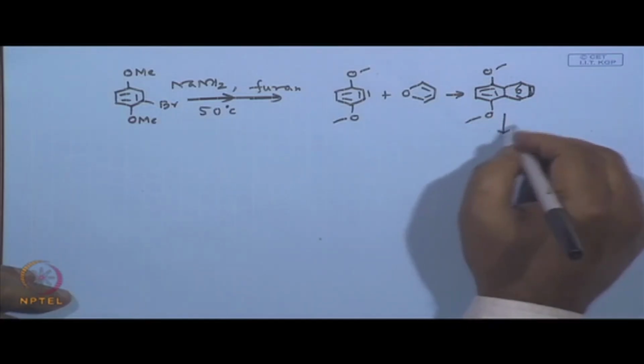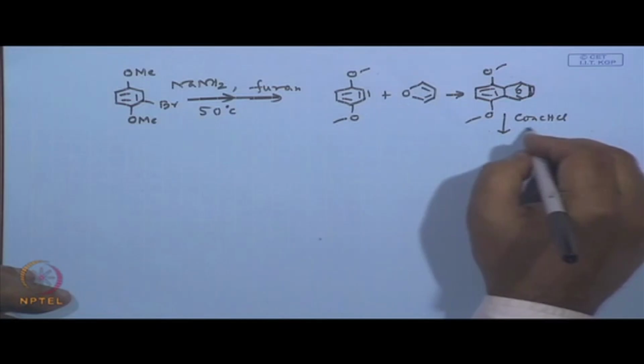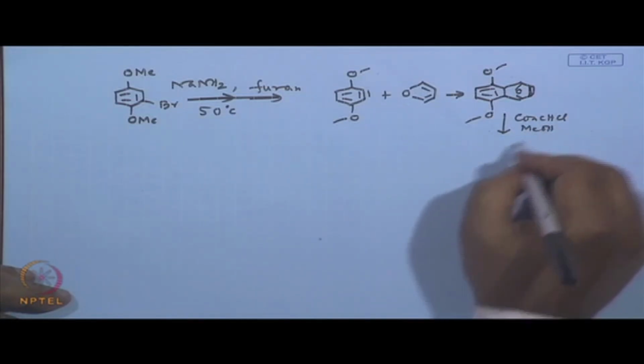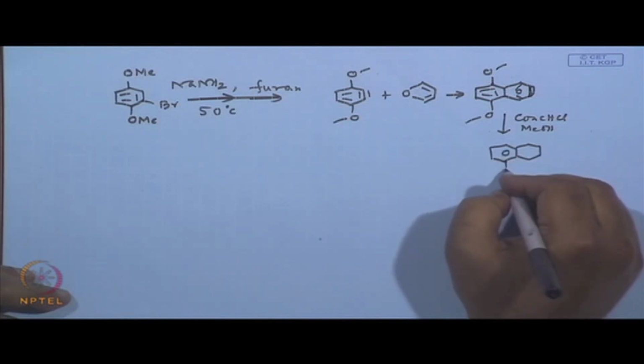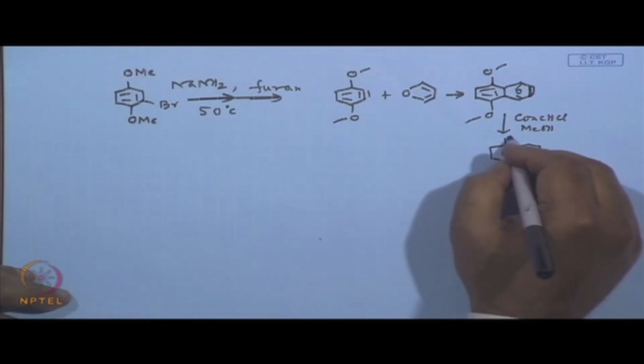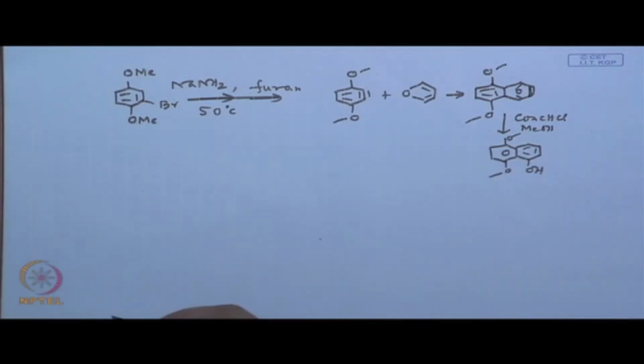Then you do all sorts of reactions with, let us say in this case, concentrated HCl and methanol, which gives you the aromatized product, and basically one naphthol is produced.